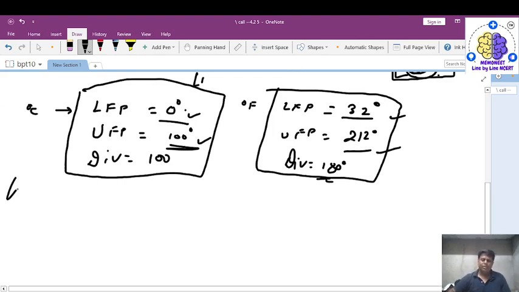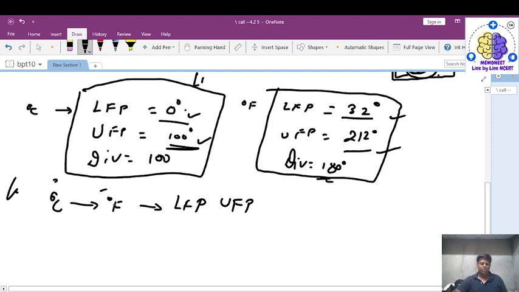Now, suppose the temperature has been given to you in degrees centigrade and you want to convert it into degrees Fahrenheit. This works not only from degrees centigrade to Fahrenheit, but for any other scale of which you know the lower fixed point and the upper fixed point.